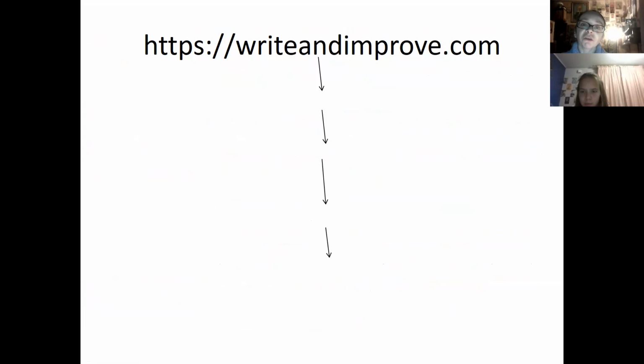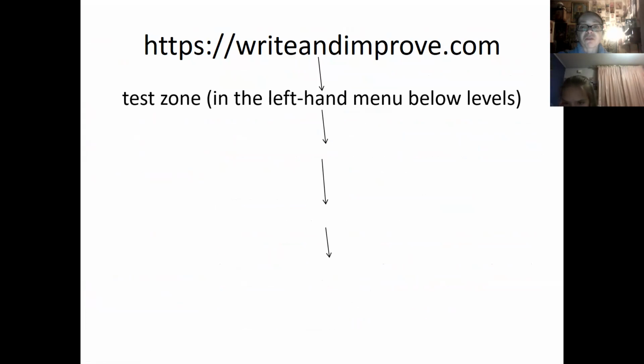And for you to practice more, there's a wonderful site, Write and Improve. Probably if I can, I'll show you my screen right now how to go there. You go to that site, you then go to Test Zone, and you choose B2 First, of course.